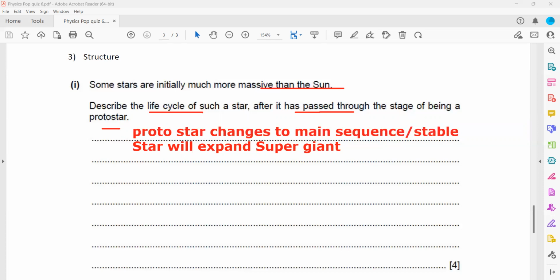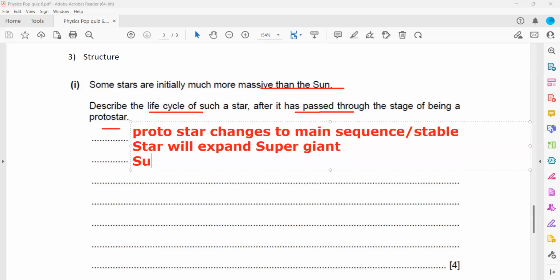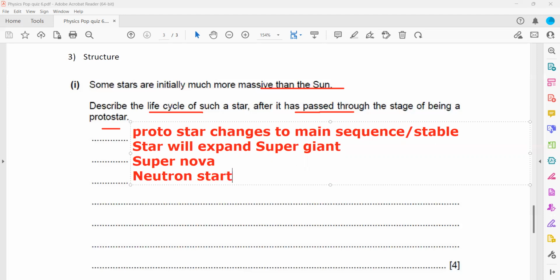And what are the possibilities after a supernova? The core becomes a neutron star, or if it has an enormous amount of mass in the center, it might form a black hole. So from the red supergiant there will be a supernova, and from the supernova the core becomes a neutron star, or if the original mass is large enough, the core will collapse and become a black hole.